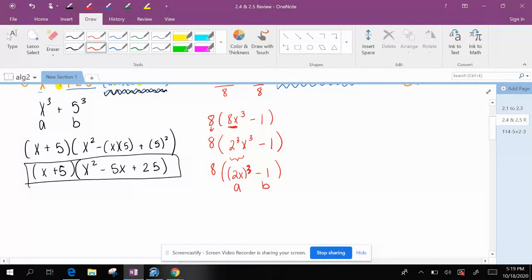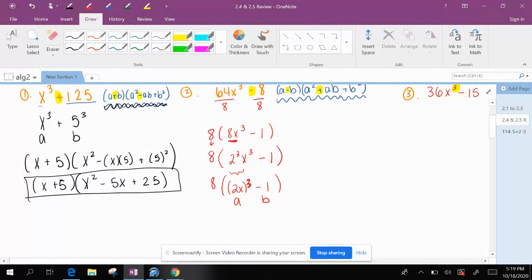Sorry, that's supposed to be raised to the third power, not squared. So then I plug it into my formula. A, which is 2x, minus b, which is 1, parentheses, a squared, 2x squared, plus a, 2x, times b, 1, plus 1 squared.